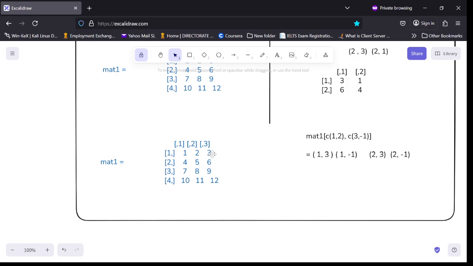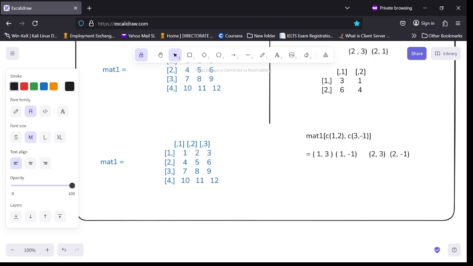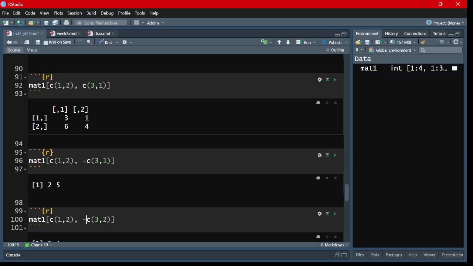So let's change it. If I place the minus sign before this, we can say that we have to select 1 minus 1 and 1 minus 3, 2 minus 1 and 2 minus 3. What is the output? We are getting a vector in this case, so this is not a matrix.